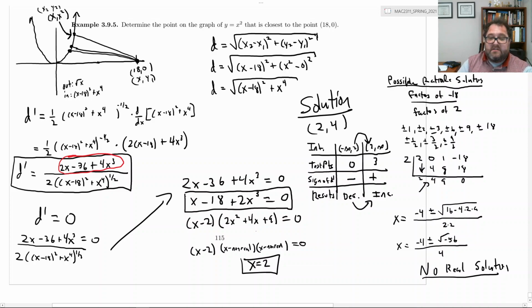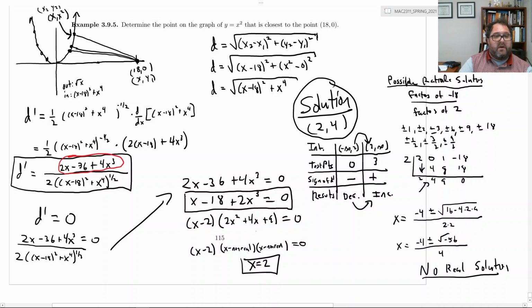So we do indeed have a solution of 2, 4 that minimizes the distance between 18, 0 and that parabola. If you pick all the points on this parabola, there's an infinite number of them.